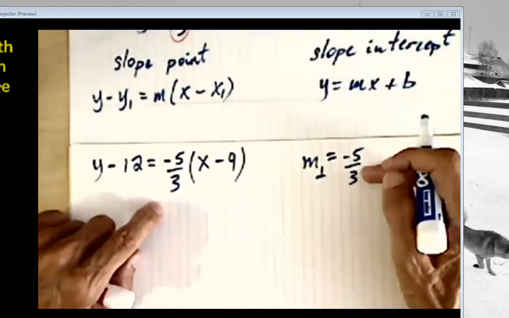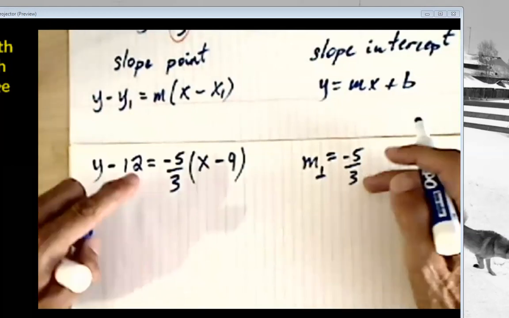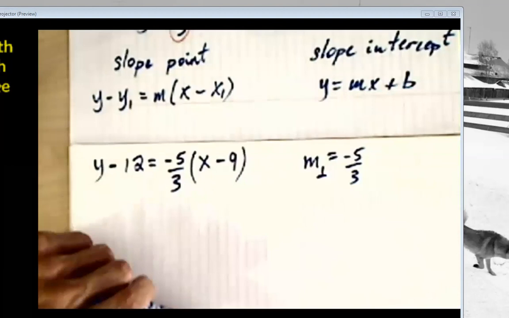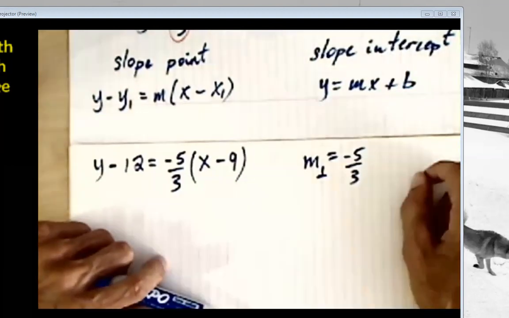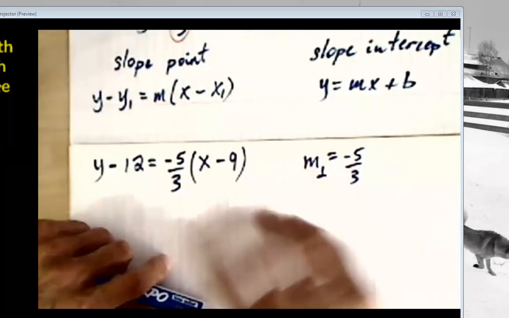Why does this change? Oh, good. Yeah. What happens is this 5 over 3, this fraction is like one number. So you don't need a minus for the 5 and a minus for the 3. One does it.